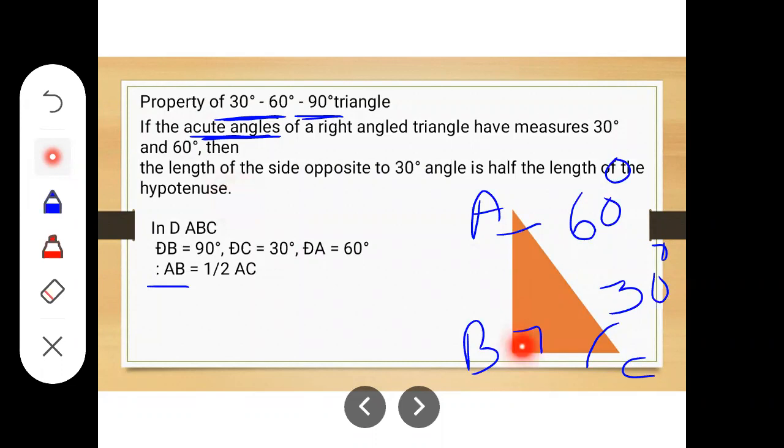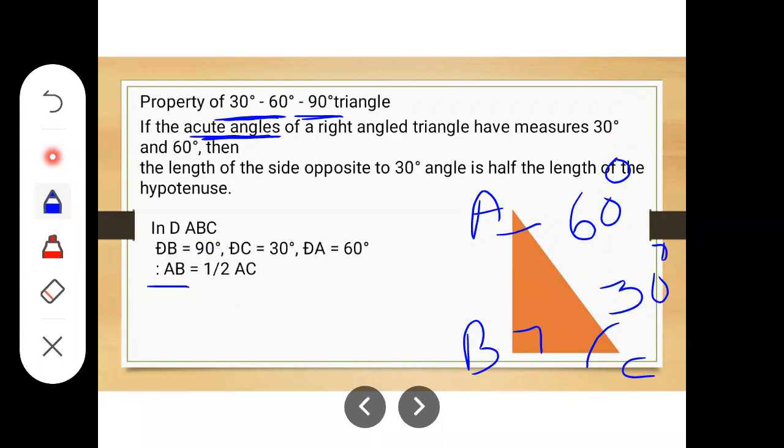This angle is 90 degrees and the side opposite to 90 degrees is AC. Okay, so that is the hypotenuse. The hypotenuse is always the side opposite to 90 degrees. So AC is the hypotenuse in the given triangle. So here write AC. So what is the meaning here? That the side opposite to 30 degrees is half of the hypotenuse.